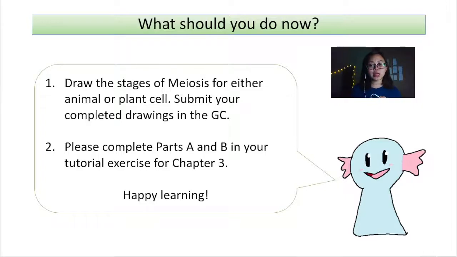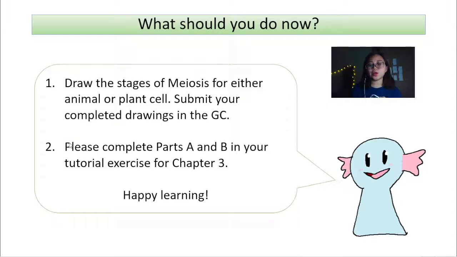Lukis diagram dia daripada prophase 1, metaphase 1, anaphase 1, telophase 1, prophase 2, metaphase 2, anaphase 2, telophase 2. Okay, sepatutnya ada 6 diagram. Lepas siap lukis, label yang perlu saja, tidak perlu label semua. Lepas tu submit dalam GC.